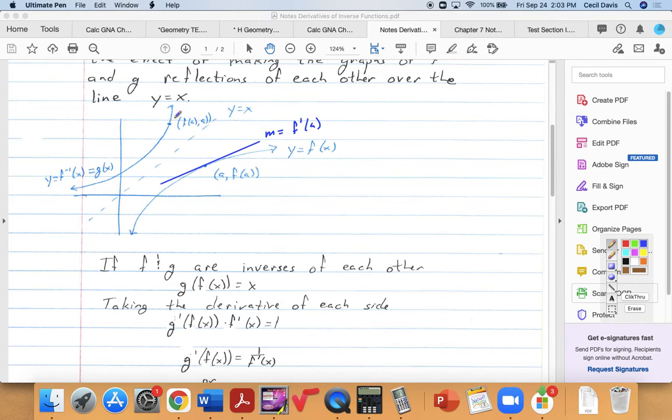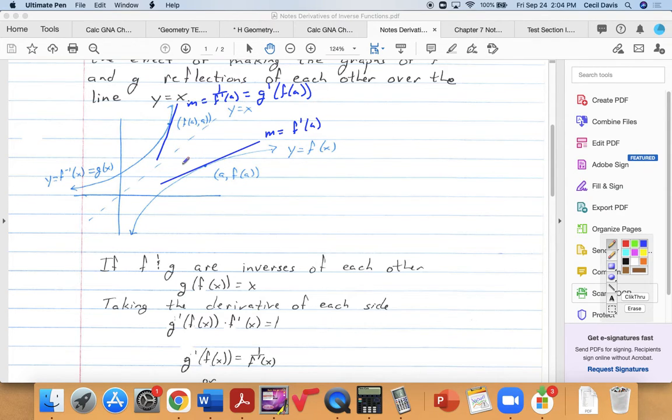The slope over here at this line is 1 over f prime at a. Those two slopes are reciprocals. And this is also g prime at f of a, the derivative of g at the x value f of a. This is the derivative rule for inverse functions.